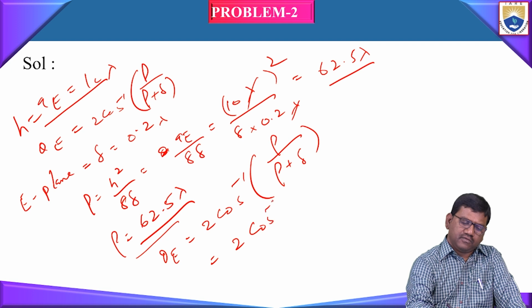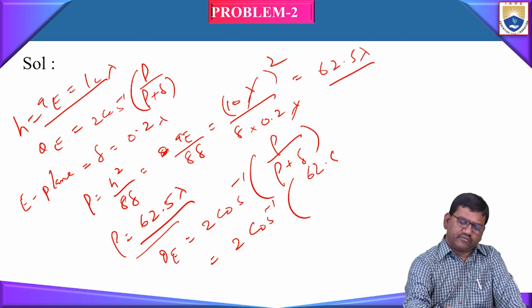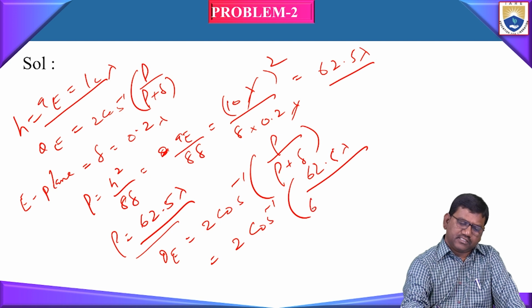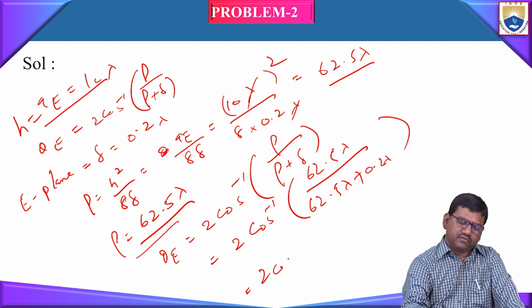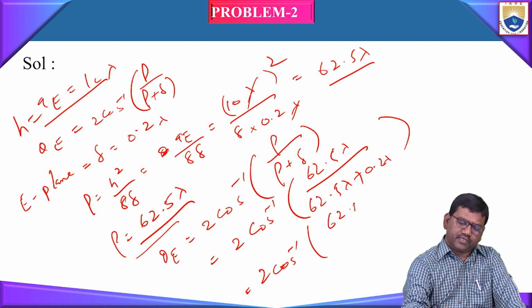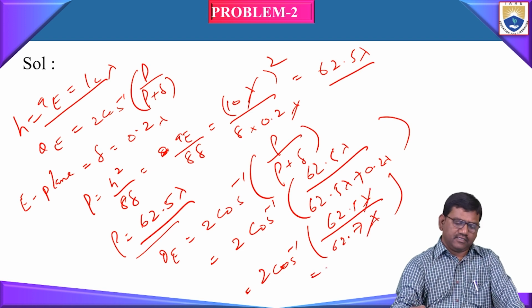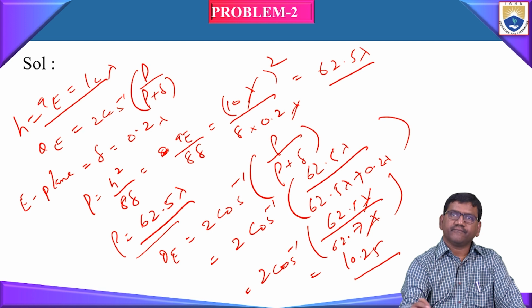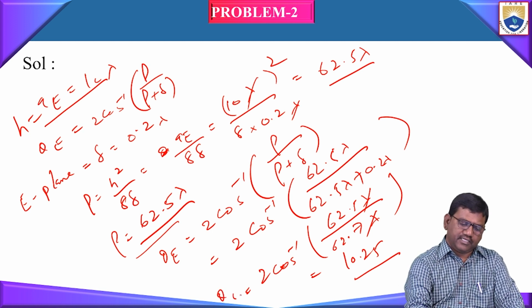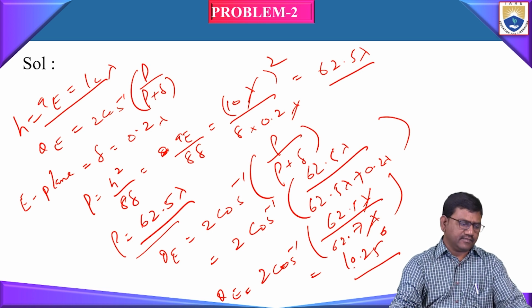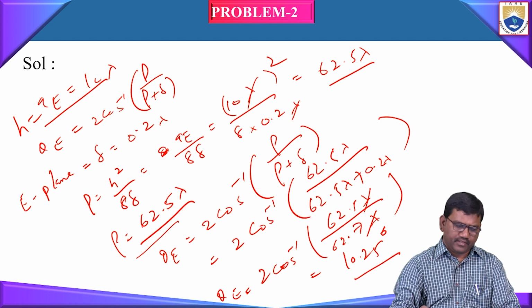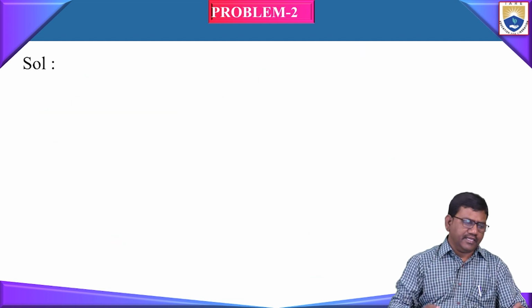This is 2 cos inverse of 62.5 lambda divided by 62.5 lambda plus 0.2 lambda, that is 62.7 lambda. Lambda gets cancelled, and you will get approximately 10.25 degrees for theta E in the E plane.